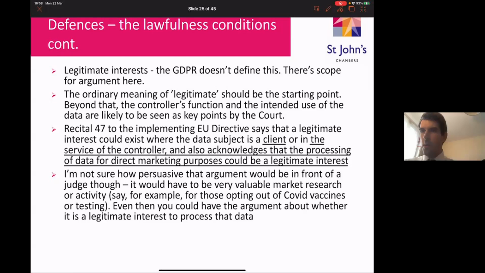I think it would have to be very valuable market research indeed, and something that springs to mind, something topical at least, is market research that your controller clients might be processing data in respect of those opting out of COVID vaccinations, or those who are not having COVID testing. But again, you could then have an argument about whether or not it is in a legitimate interest to process that kind of data.